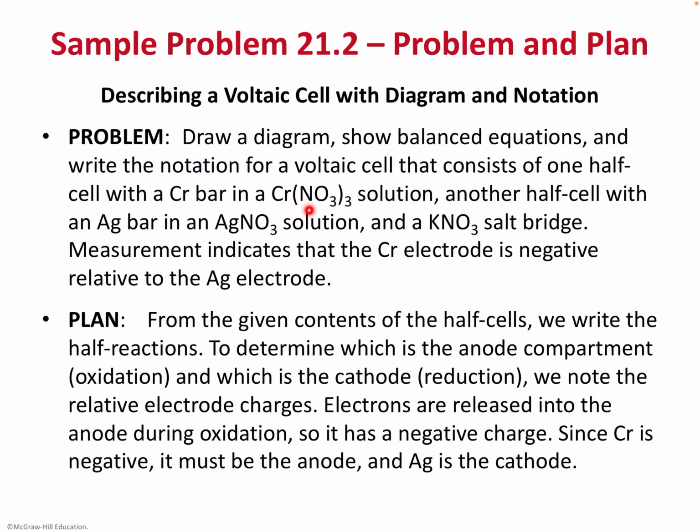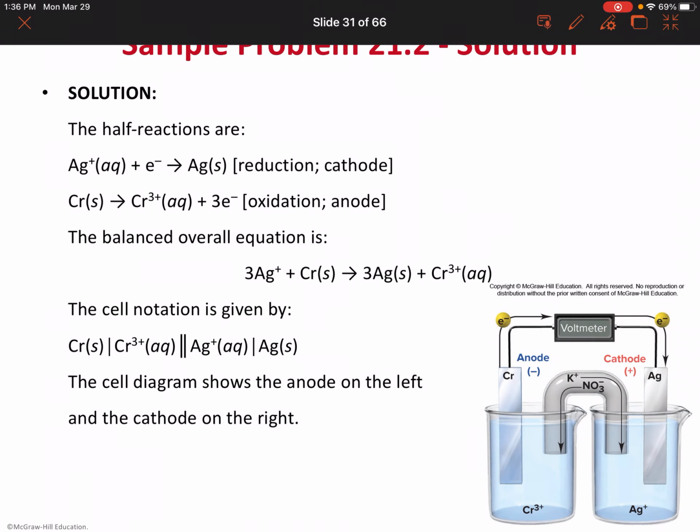So how do you know it's chromium 3 plus? Remember, it's going from chromium to chromium nitrate. Nitrate charge is -1. Since the formula is given, nitrate is -1, there are 3 of those, -3, so the chromium needs to be chromium plus 3. So chromium becoming chromium plus 3, this is your oxidation.